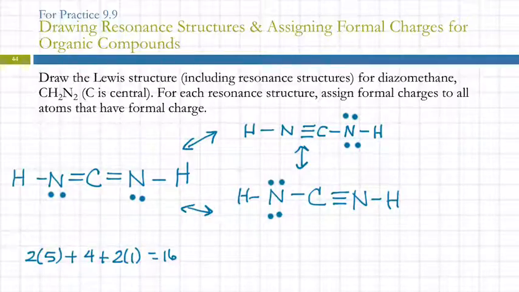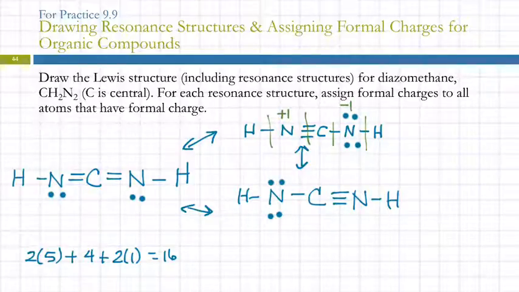So again, what we're doing is imagining just disbanding this organization. Nitrogen brought in 5 electrons, and this one's leaving with 4. 5 minus 4, this has a formal charge of +1. And then breaking that up over here, the nitrogen brought 5, leaving with 6.